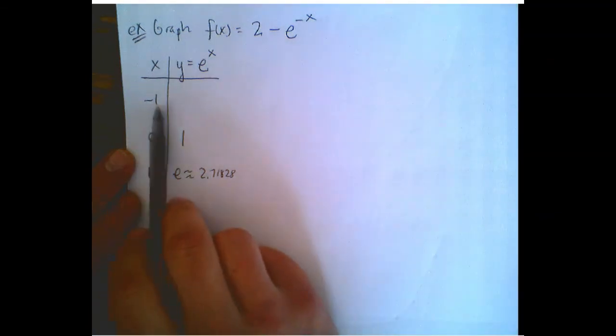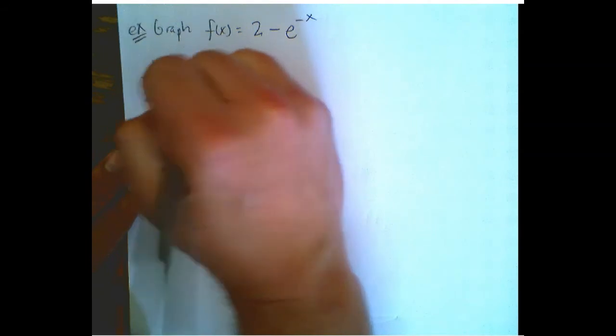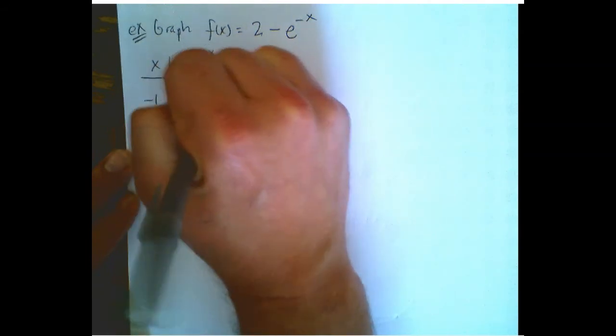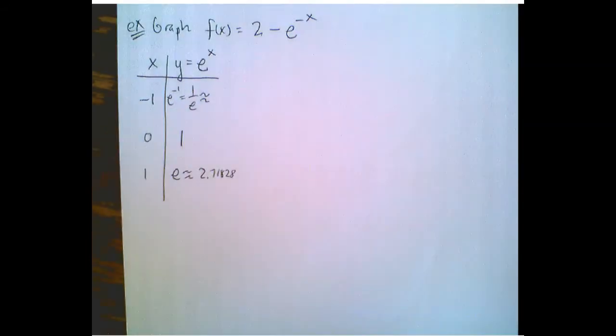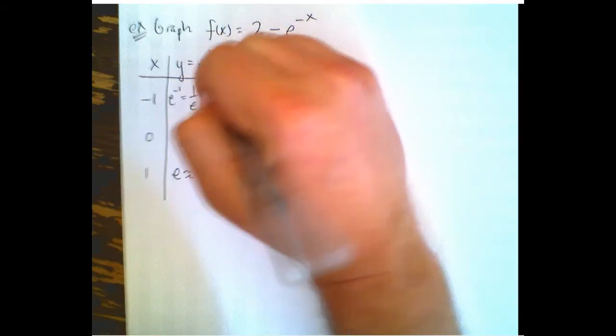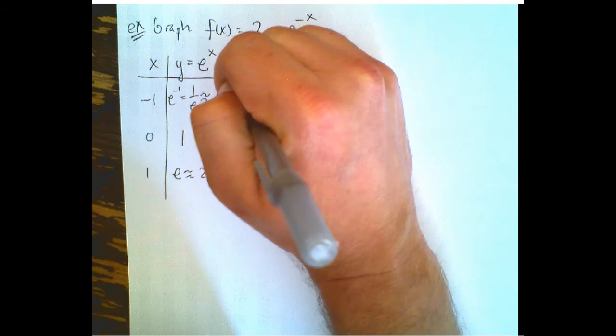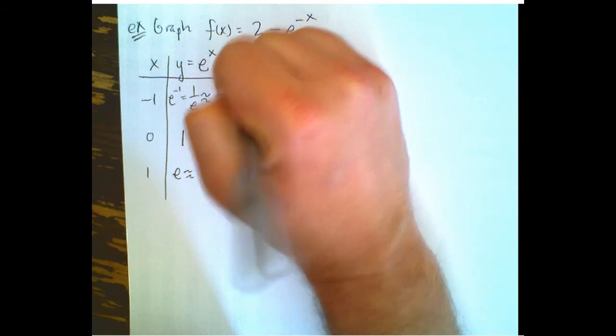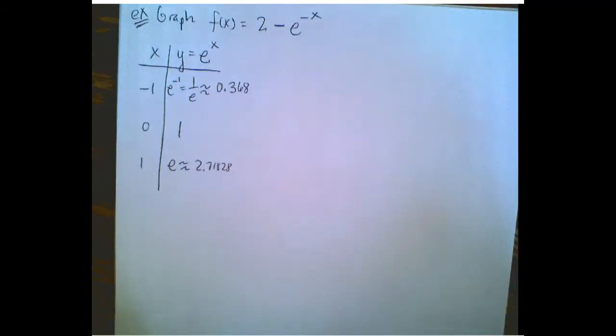And e to the negative 1, which is 1 over e, is approximately, if we use our calculator to approximate that, about 0.368, something like that.